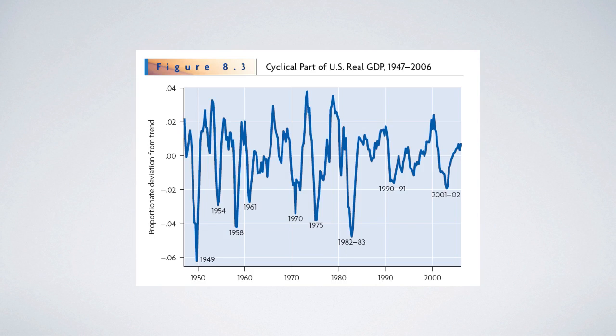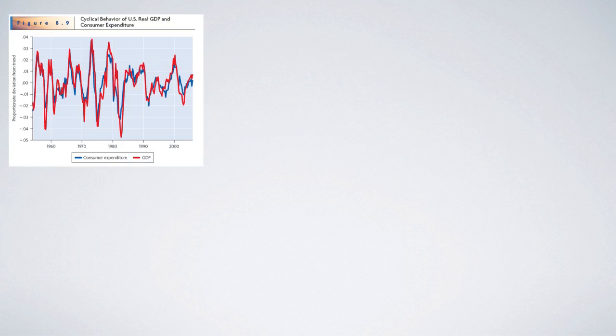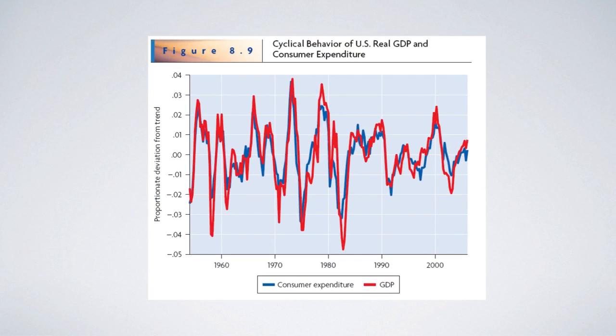This is the figure of the cyclical component of United States real GDP from 1947 to 2006, and it goes up and down. Usually when it is extremely low, below zero, it means something bad happened, like a recession or war. Then we can apply the same decomposition to different time series. First, we focus on the consumption variable and extract its cyclical component.